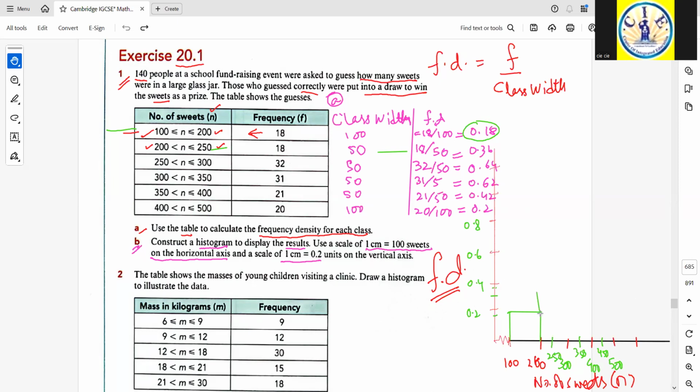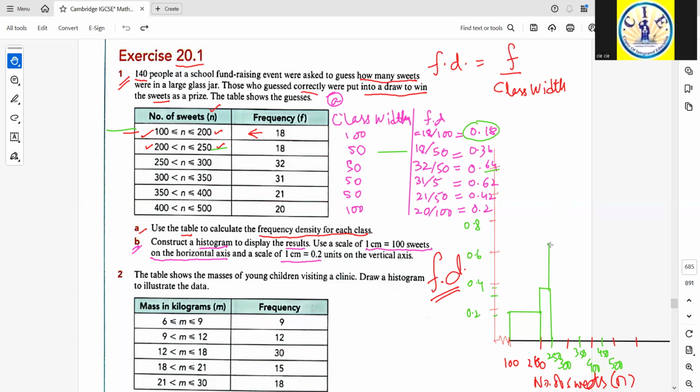So let me give its height till 0.36, and it is to be kept till 250. So this is 250. That's it. Then thirdly, 250 till 300, and its frequency density has to be 0.64. So from this 0.6 till 0.64, somewhere around here.